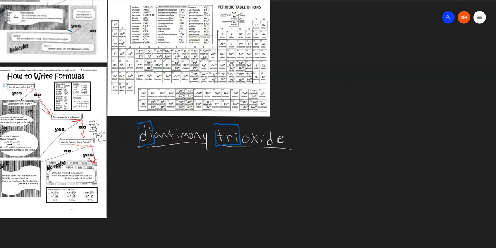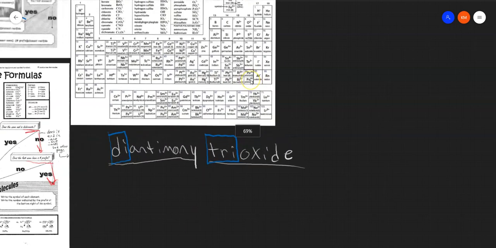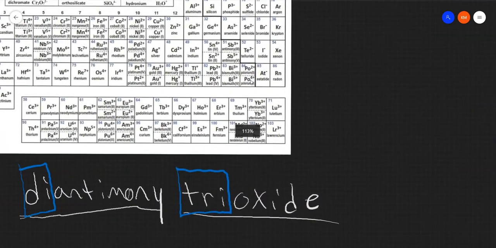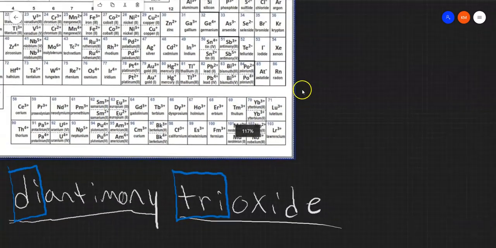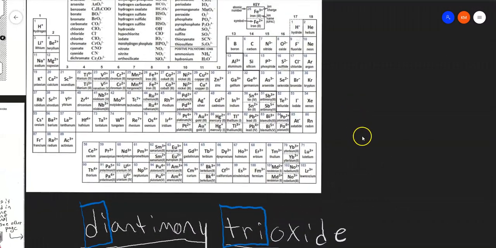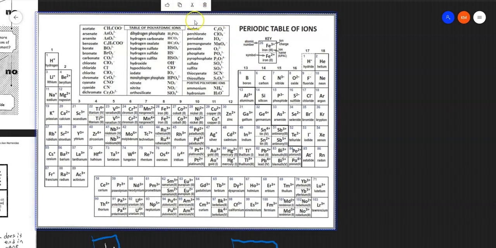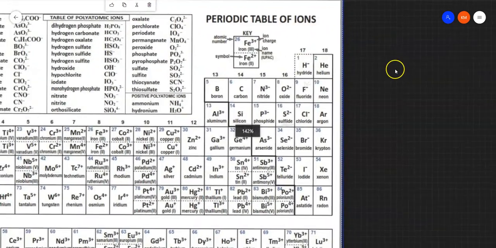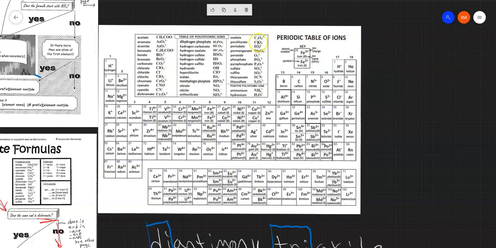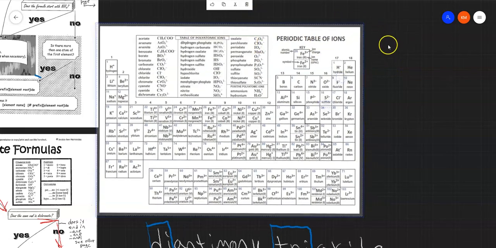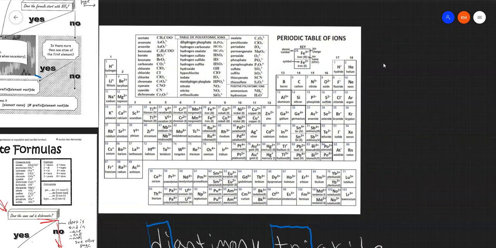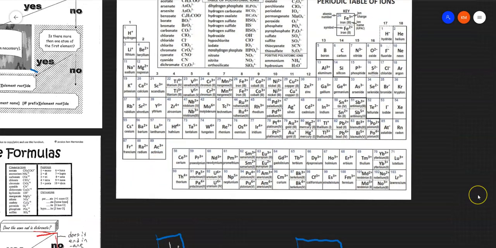So let's look up our chemical symbol. So antimony.